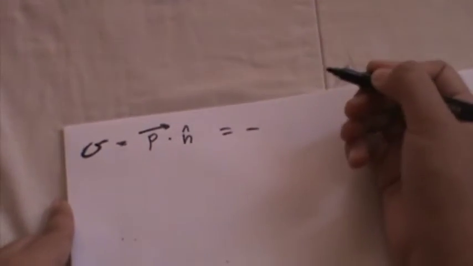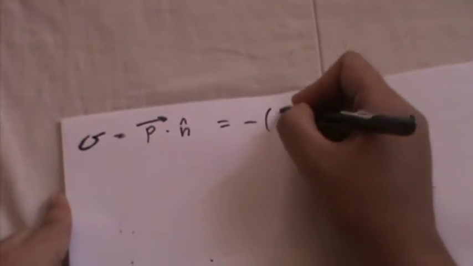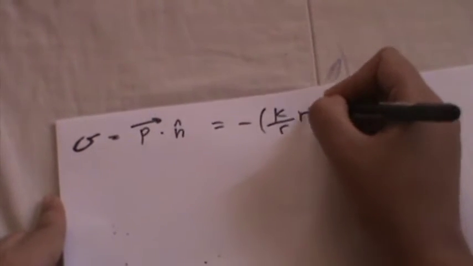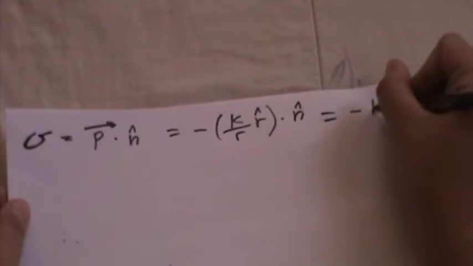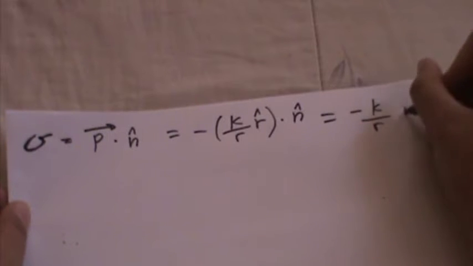If we substitute it, we'll have negative k over r r-hat dotted with n-hat, or equal to, since we already have a unit vector, negative k over r.